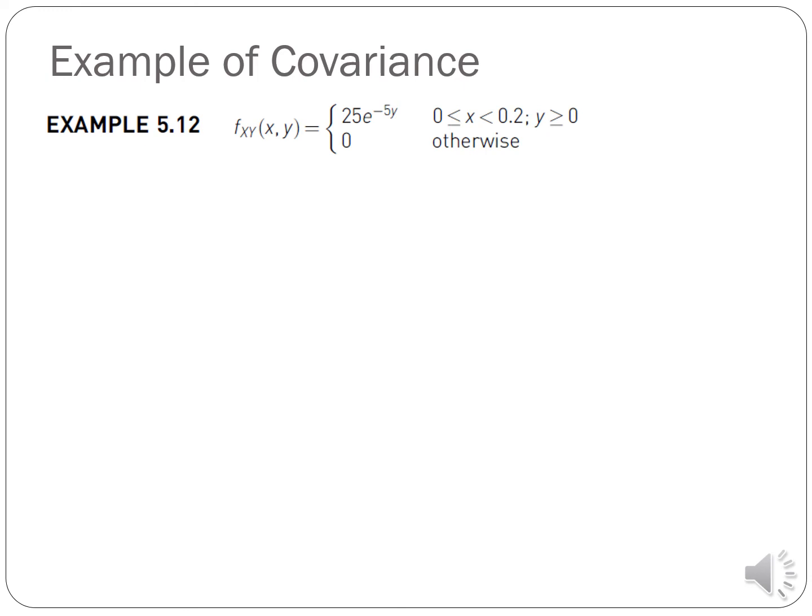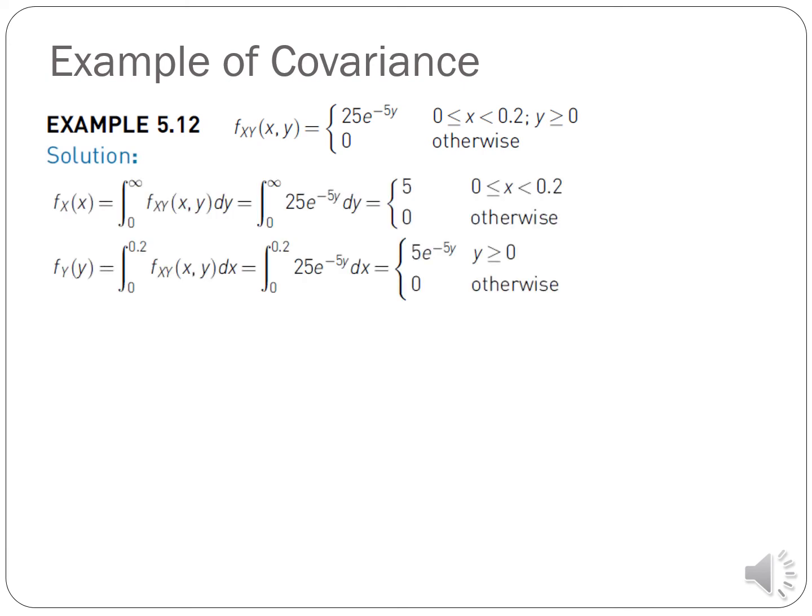So we are given a joint PDF. At first we are going to find the marginal PDF fx and fy. You can find it just like before, and we can see that this random variable x is following a uniform distribution. We have talked about this in chapter 2 and chapter 4.